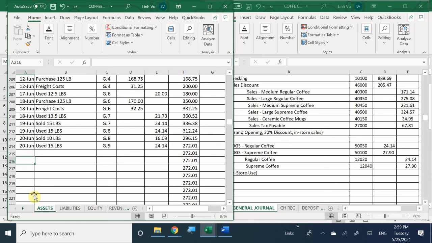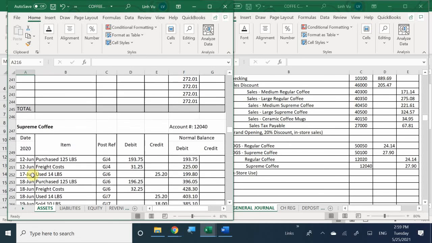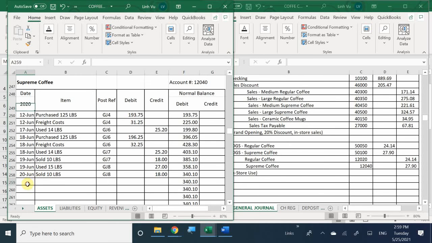Okay. Last but not least, Supreme Coffee. 6/20, used 15.5 pounds. GJ9. A credit of $27.90, which will give you a running balance of $312.20.